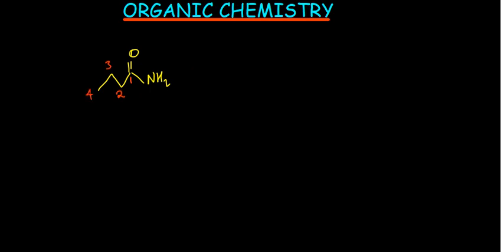So we've got 4 carbons here. This is going to be a butane. I'm going to drop the E at the end of butane, and then I'll put the word amide. So that is going to be the name, butanamide.